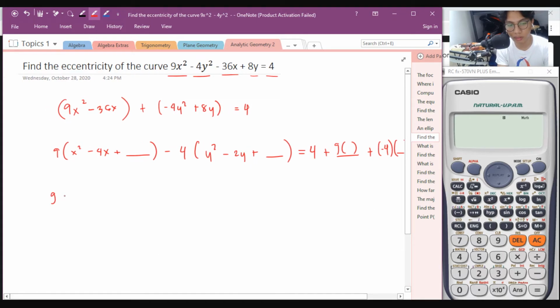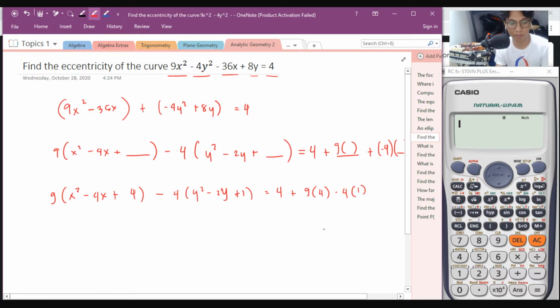So, 9x squared minus 4x. 4 divided by 2 times 2 is 4. Minus 4, y negative 2, 1. y squared minus 2y plus 1 equal to 4 plus 9 times 4 minus 4 times 1.